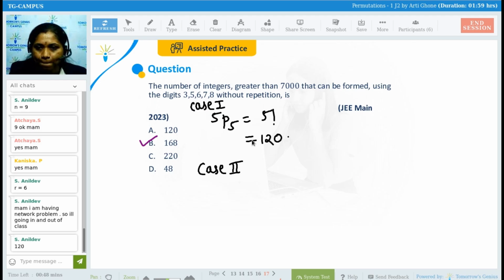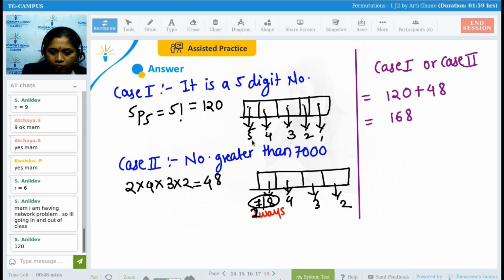Please, I want a big smile on your face. Don't treat it as rocket science. It's simple plain mathematics of permutations. Clear, no? Okay. Now, 168 will be your answer.